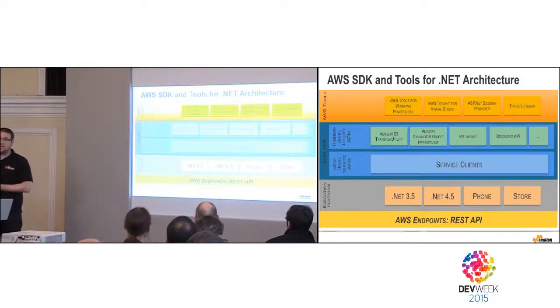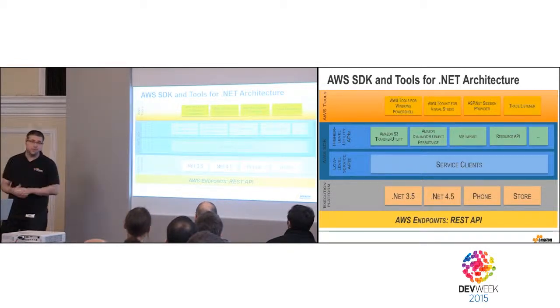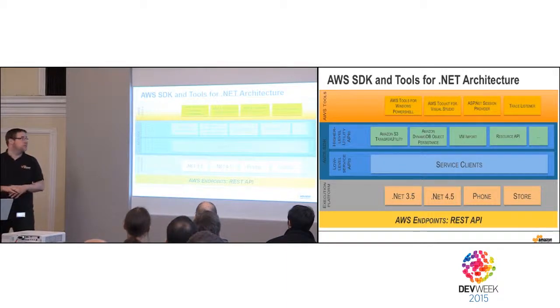If you have session state in ASP.NET, we have a drop-in replacement for a session provider that's going to use DynamoDB, which is one of our NoSQL databases for storage. And this session provider gives you a stateless architecture that is really nice for scaling. We also have trace listeners and many other tools for making sure that your application can run efficiently and even more efficiently on the cloud than it would do on premises.